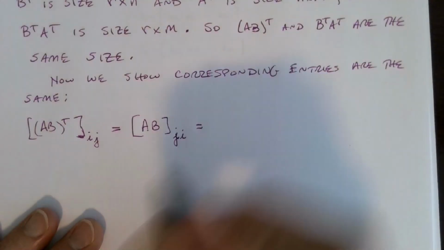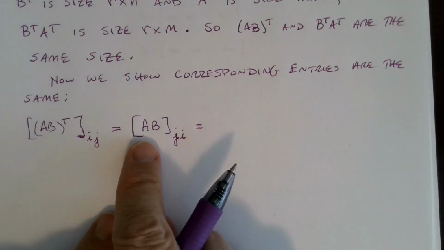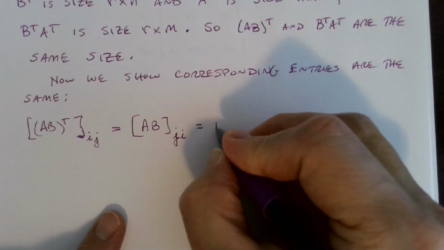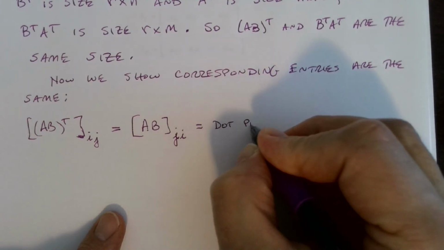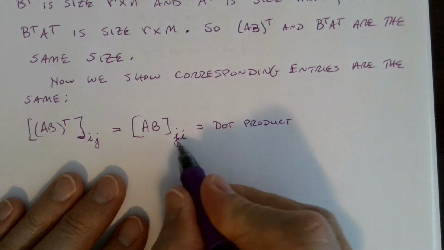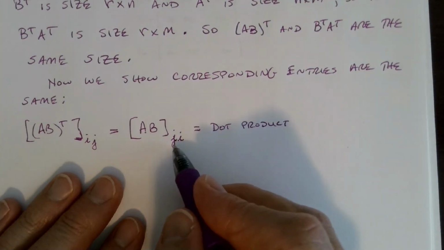Then I want you to note that the product AB, we're going to call this the dot product. Remember, we're talking about the dot product? This is the entry in the matrix AB. This is the dot product of what?